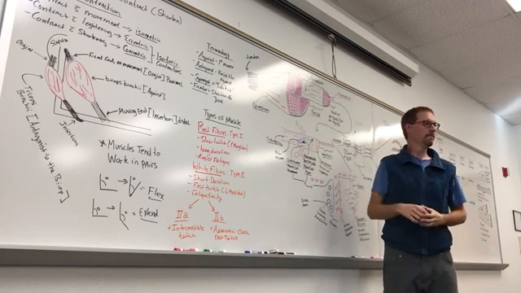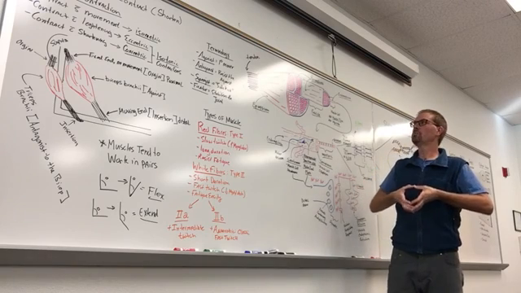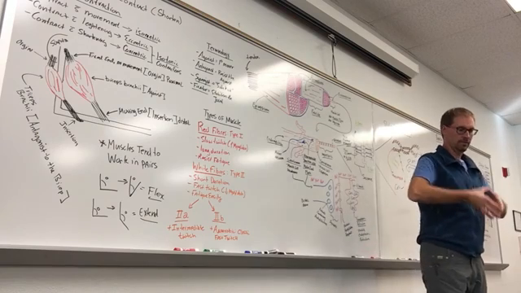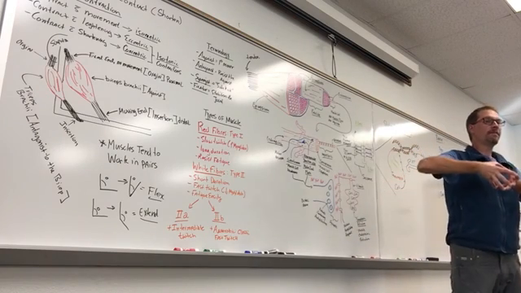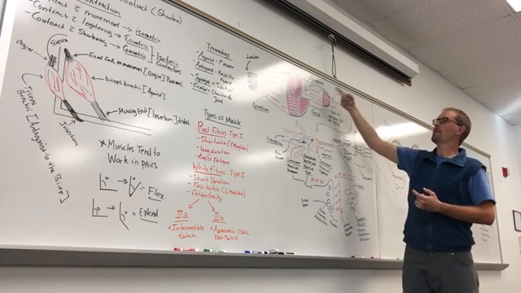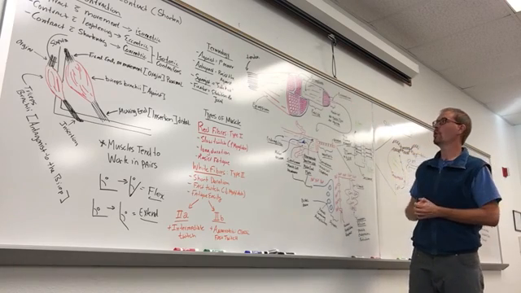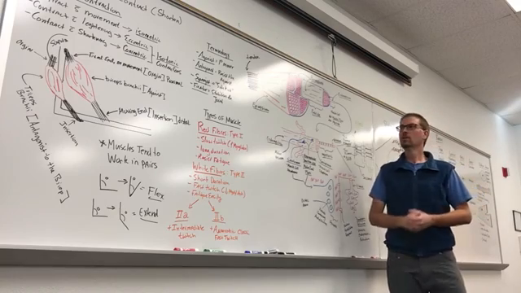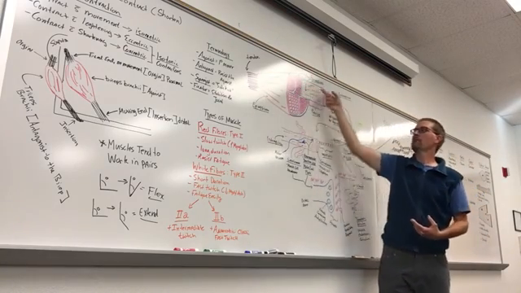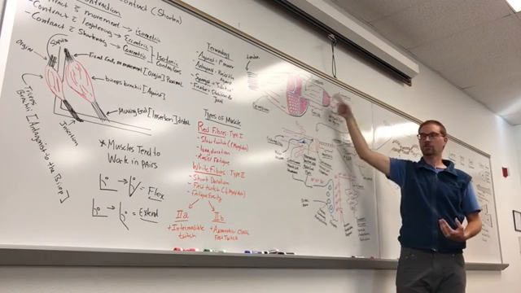You see that there? These large bundles are what we call fascicles. And the fascicles are surrounded by another type of connective tissue known as perimysium. So epimysium is the outermost layer, and perimysium is what surrounds the fascicles.